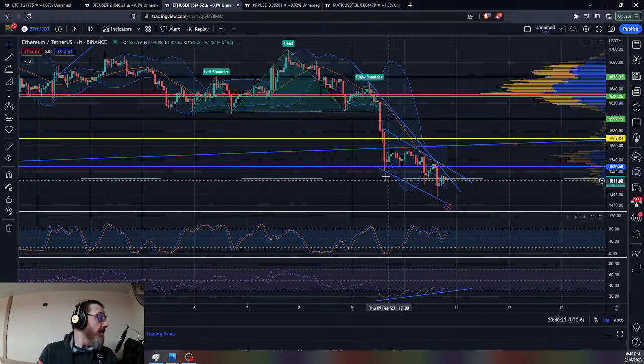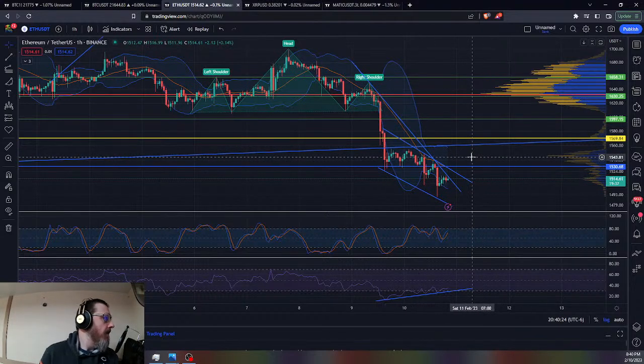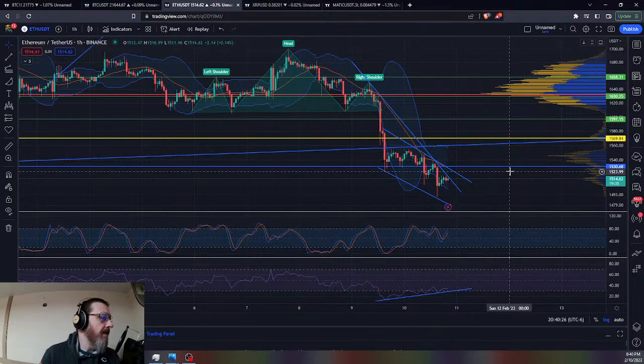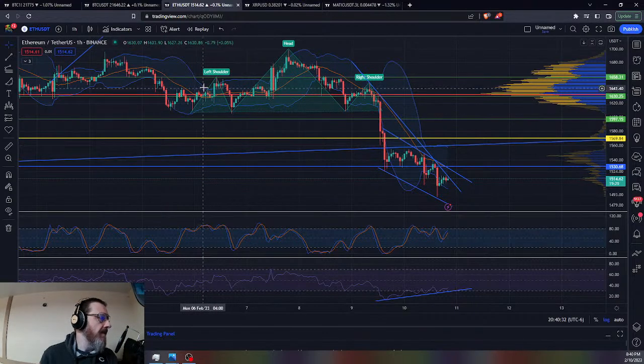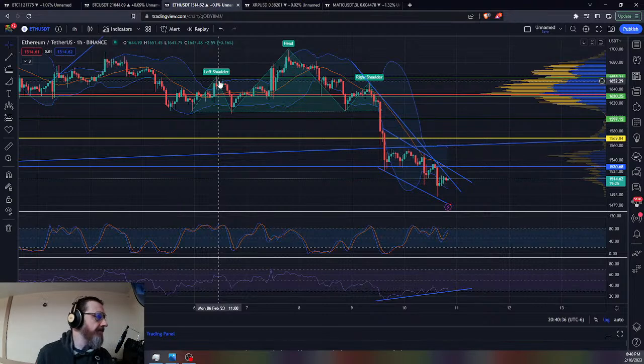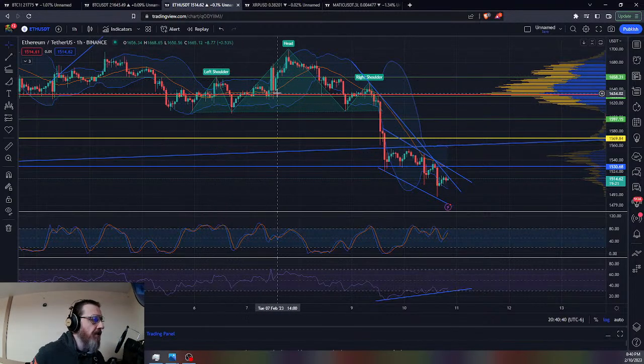So this is the 1 hour time frame for Ethereum US dollar tether on Binance. I'm just going to highlight this pattern here that played out, that created the dump. Once again, it's a really ugly head and shoulders pattern. So you see this left shoulder here, and it's really choppy, the head as well, but there is a defined head there, and then this smaller right shoulder.